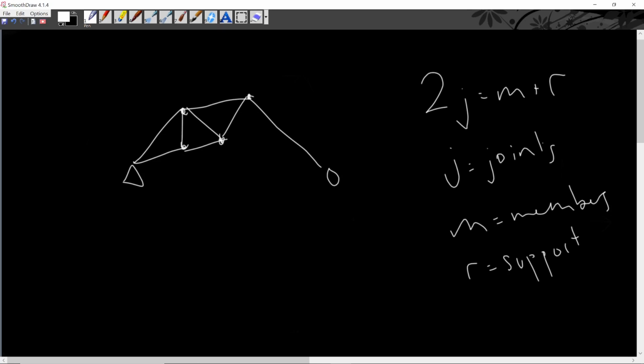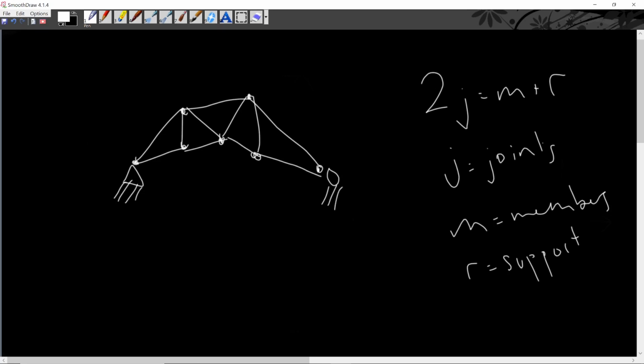So we have these nodes, and then we have one more right there. Okay, I think that's it. And of course we have nodes or joints at those points as well. And we can draw those lines.